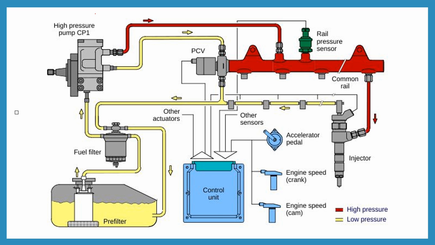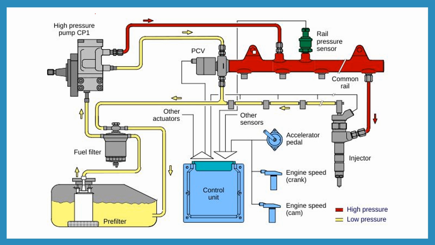So here is the picture of the CRDI or common rail injection system. Here is the fuel tank. From the fuel tank, the primary filter is here. From here it comes to the secondary filter, and then it goes to the high pressure pump, called CP1. Then it passes through these two: one is the PCV at low pressure, and one is high pressure directly to the common rail.